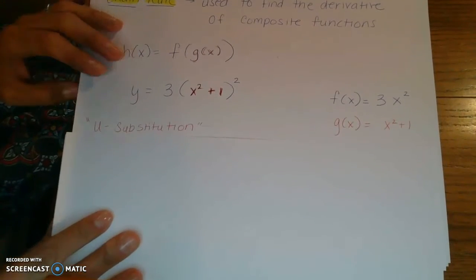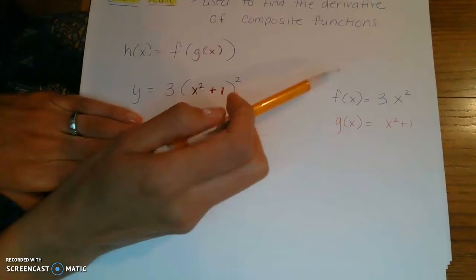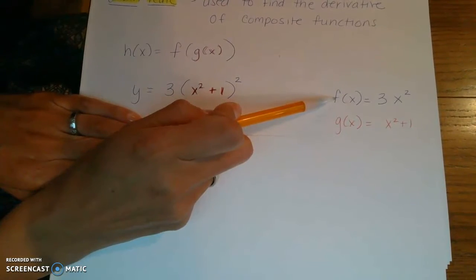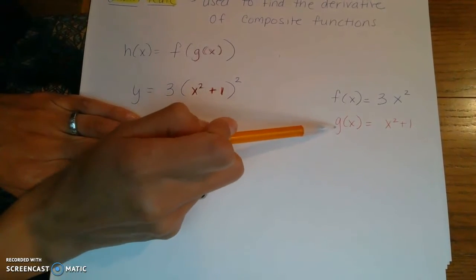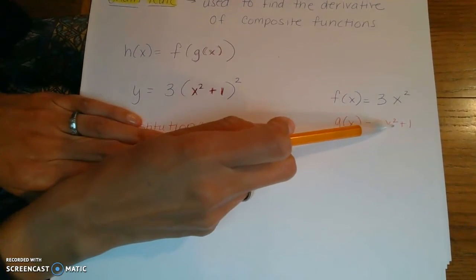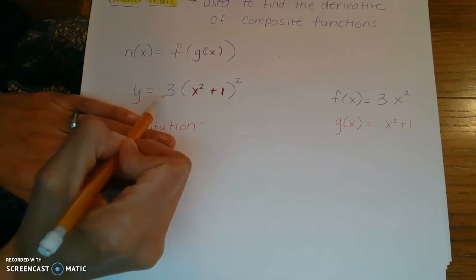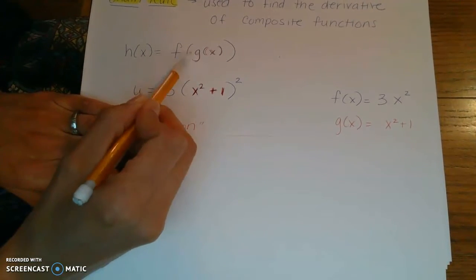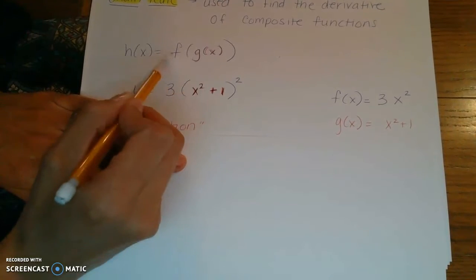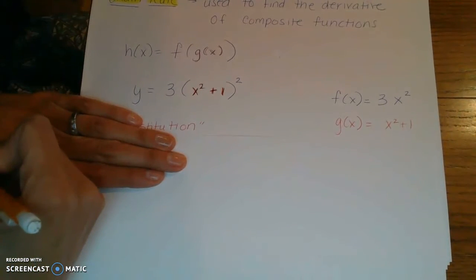So off to the side, what you're seeing here is f of x is considered to be 3x squared, and g of x is equal to x squared plus 1. So this is a composite function as f of g of x, where g of x was the input of f. That shouldn't be new.